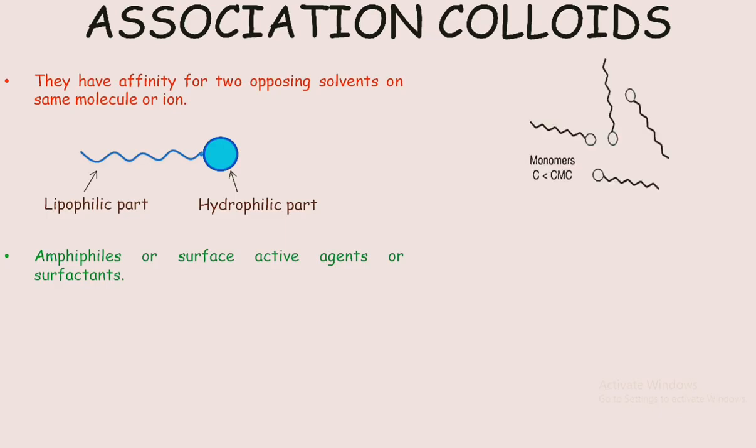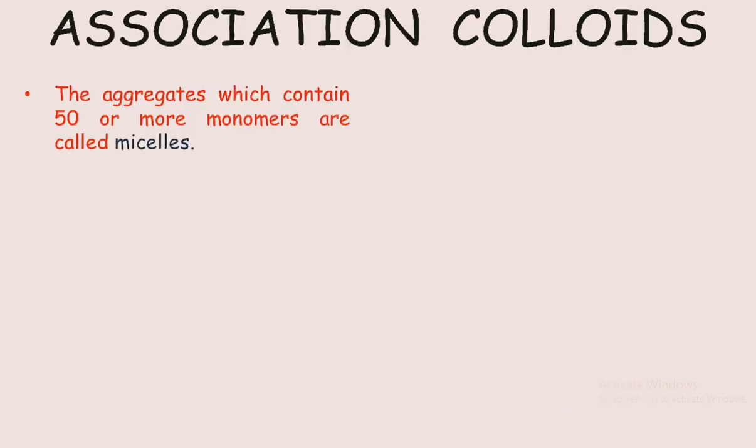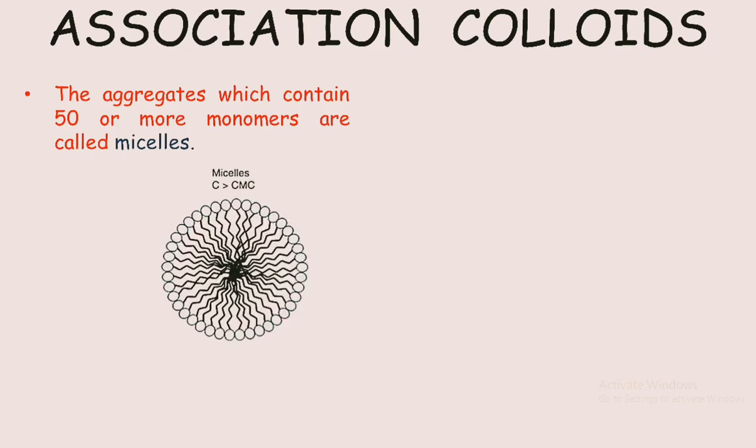When present in a liquid at low concentration, the amphiphiles exist separately and are of the size of subcolloids, but at higher concentration, these monomers form aggregates whose diameter is of the order of 50 angstrom, so designated as colloidal. These aggregates, which contain 50 or more monomers, are called micelles. They form a spherical structure and show affinities for two opposing solvents.